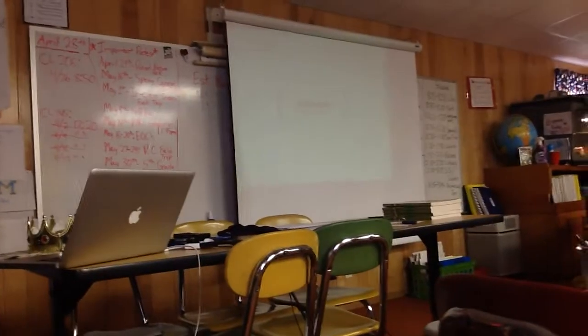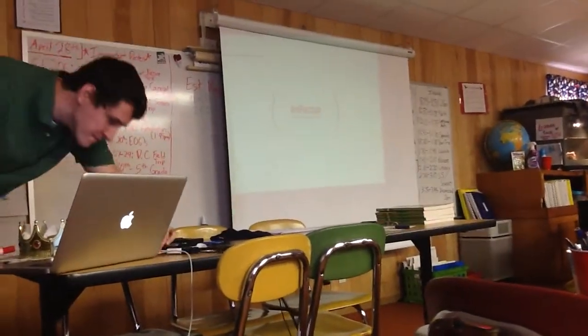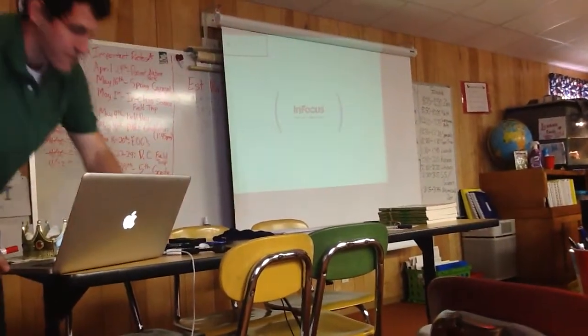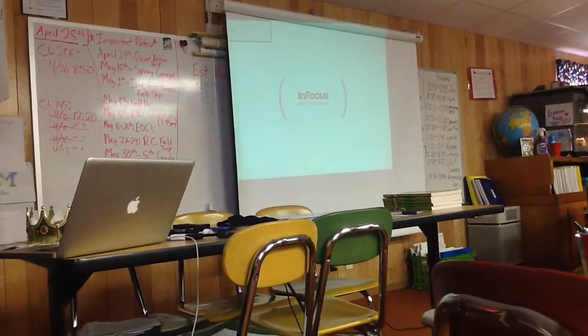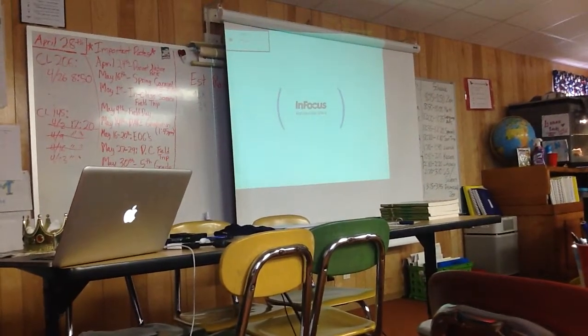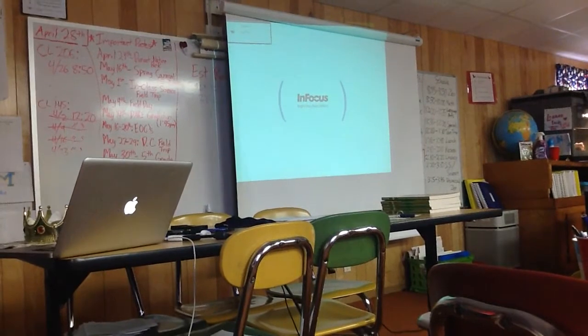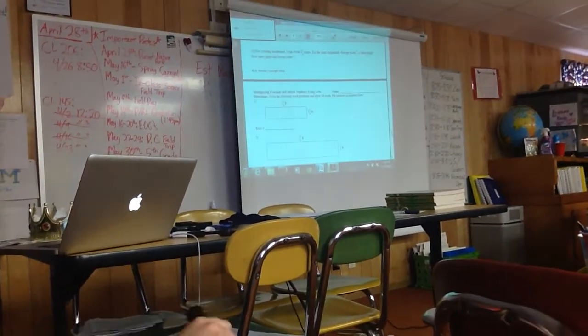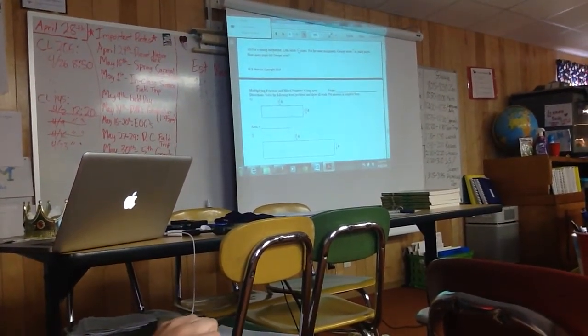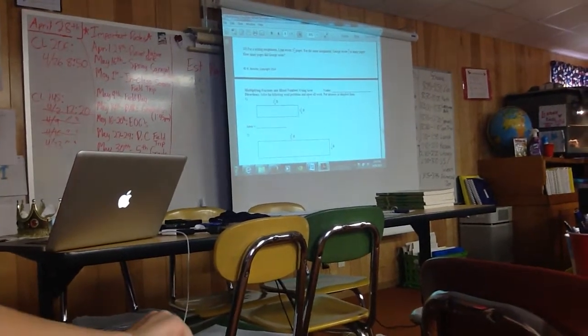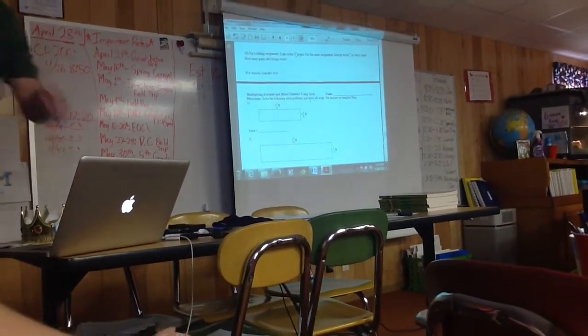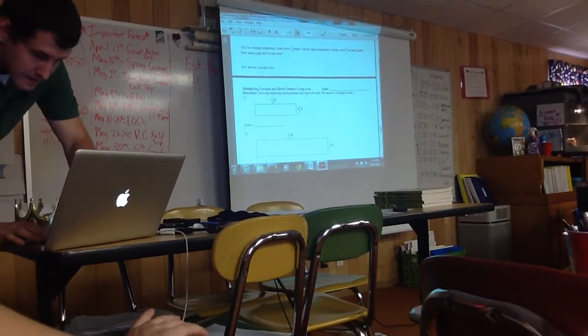Actually, let's do it in form of area first. Let's do that. Okay, remind me what the formula for area is. Kayla. Length times width. All right, so let's see.